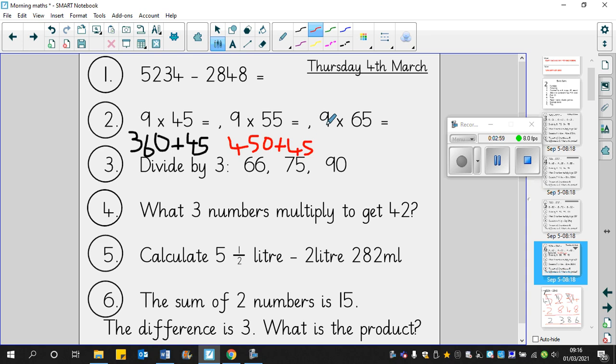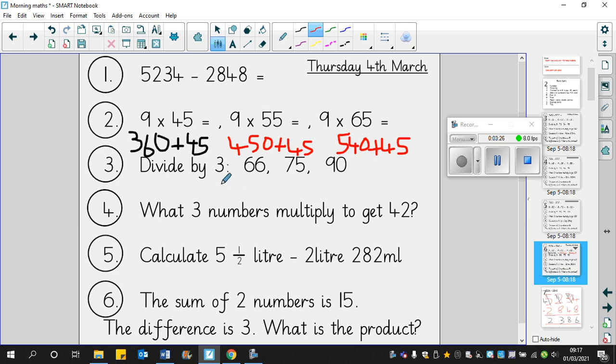And then on to the last example, 9 times 65. Well, 9 times 6 is 54, so 9 times 60 is 540. And then 9 times 5, once again, is 45, and so therefore the answer is going to be 585.